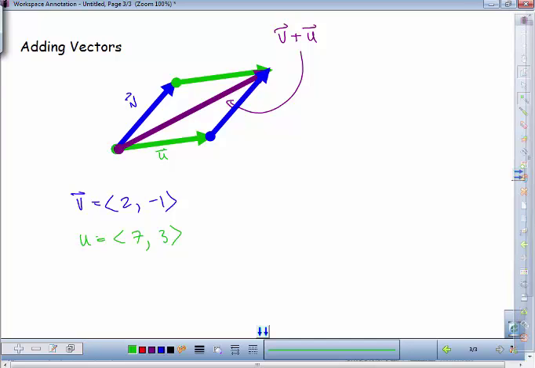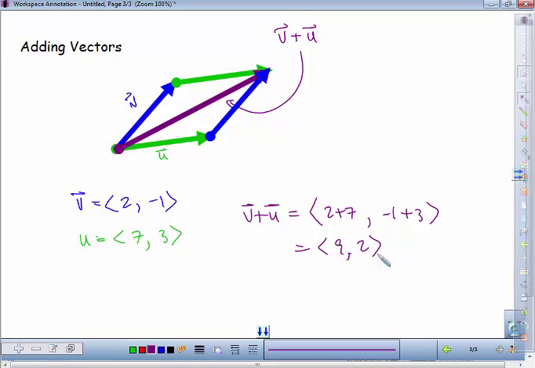When you add them, you add component-wise, so it'll be 2 + 7, and then -1 + 3. That's (9, 2), and so that would be your result. Okay, pretty straightforward.